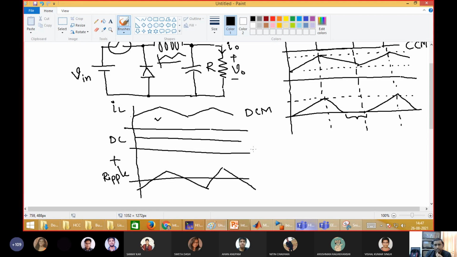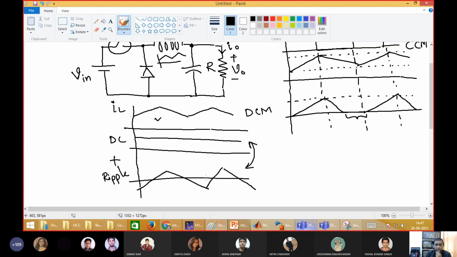We get this combination from Fourier analysis. Now what is that? This DC component is fine, but the ripple component comprises many high frequency current components.